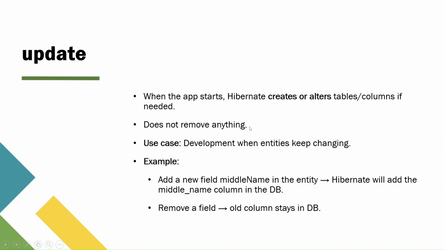Once it is created, it is there. Even if you remove that property from your entity, update won't delete or remove it from the database. So update means only create or update. If it does not exist, it will create it. If it is still there, it will update it. But update never deletes anything from our table or database. That you should remember.